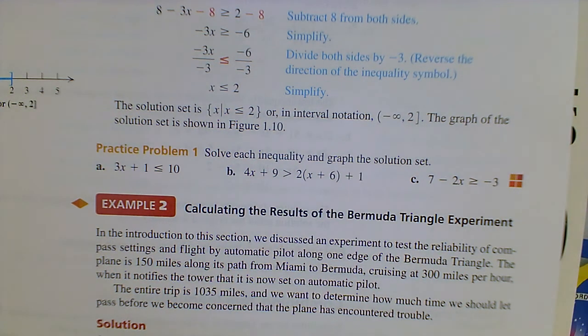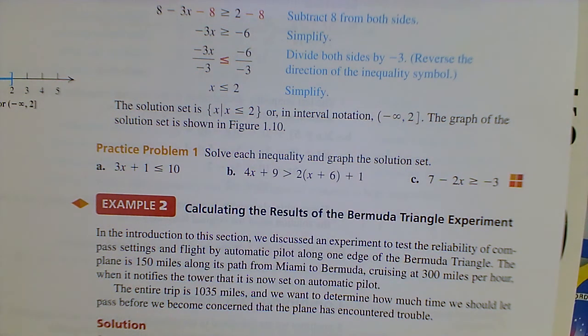In the introduction to this section, we discussed an experiment to test the reliability of compass settings and flight by automatic pilot along one edge of the Bermuda Triangle. The plane is 150 miles along its path from Miami to Bermuda, cruising at 300 miles per hour, when it notifies the tower that it's now set for automatic pilot.